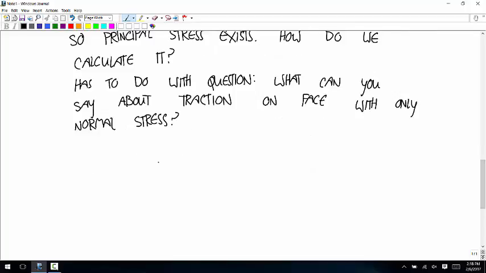Okay, so here's the stress cube. If there's only normal stress, then the traction on that face is either in that direction or just the exact opposite of that.